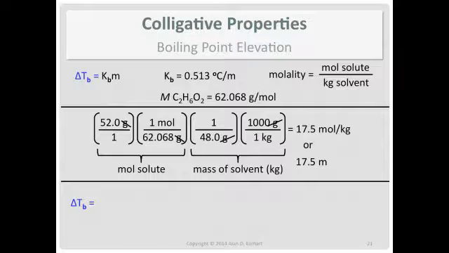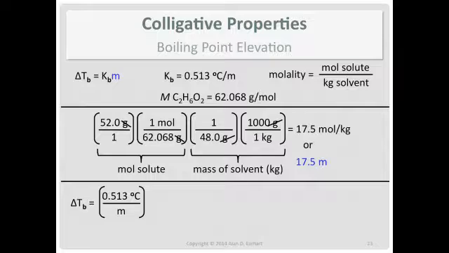All right, so delta T sub B, boiling point change, is Kb. So we bring that down. Degree C per molal. And then you multiply it by the molal concentration.